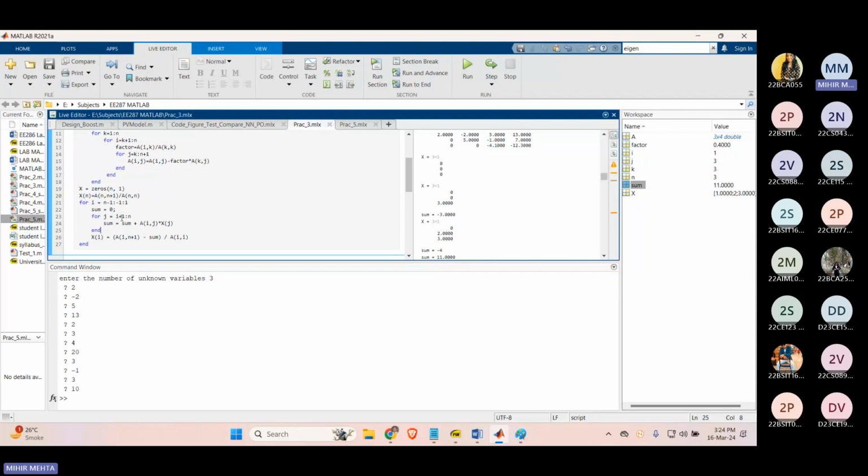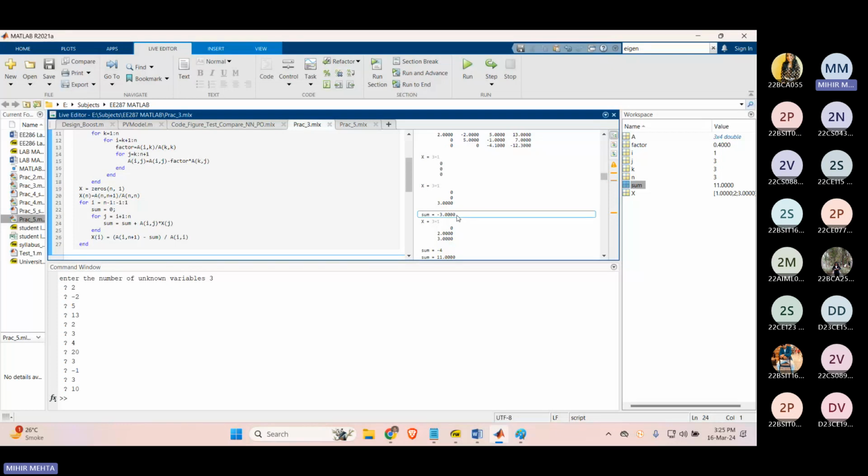It is 3. So x of 3 is 3, multiplied by a of i comma j. What is a of i comma j? That is 2 comma 3. So I need to multiply this minus 1 with my value that is 3. So now my value of sum becomes minus 3.